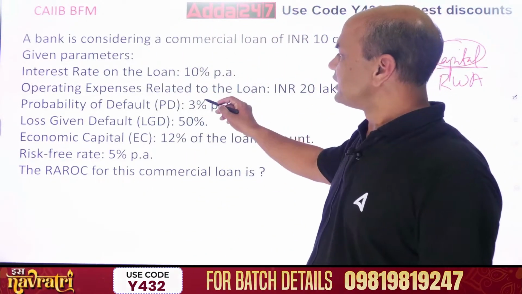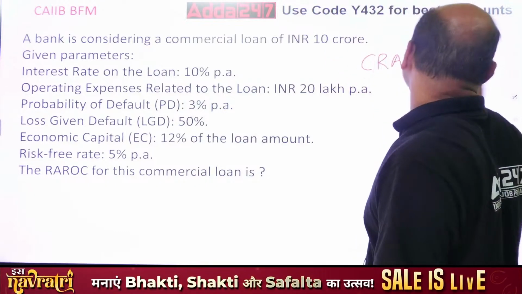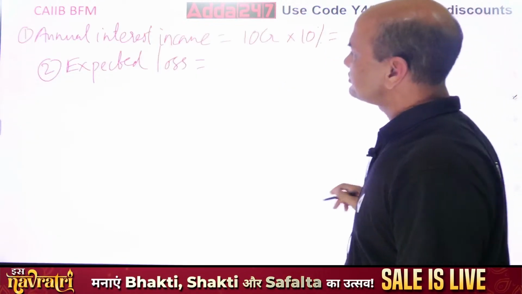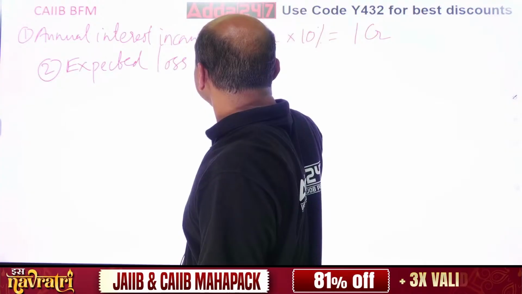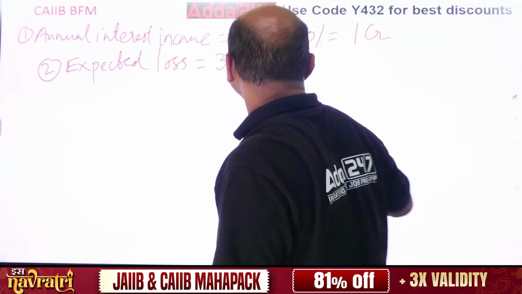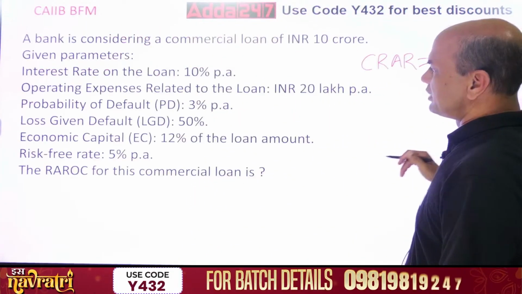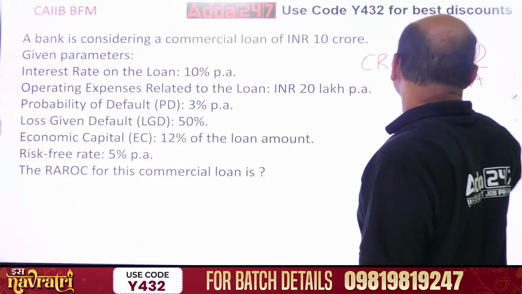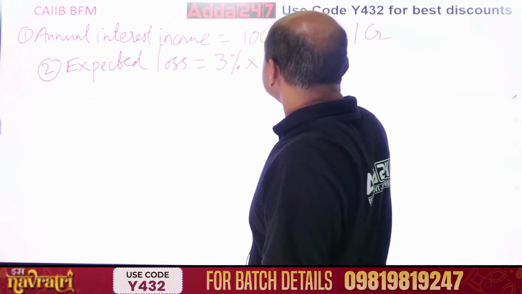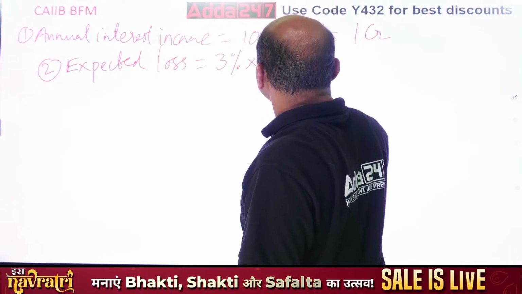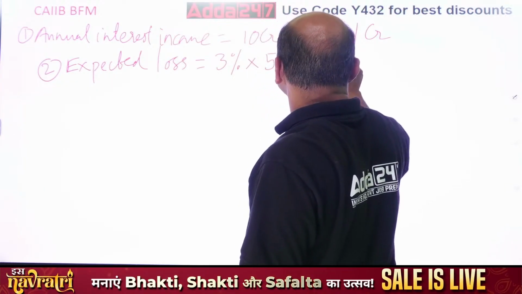So, 3% into 50% into the loan amount. Find this. 3% into 50% into loan amount, right? What is the loan amount? 10 CR.